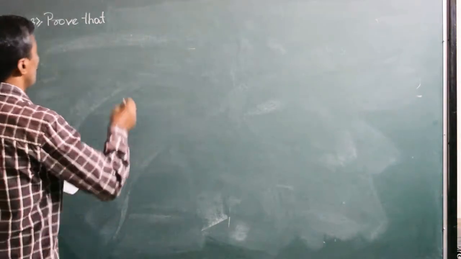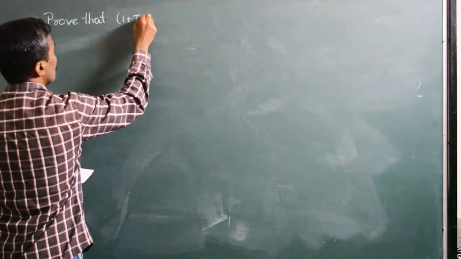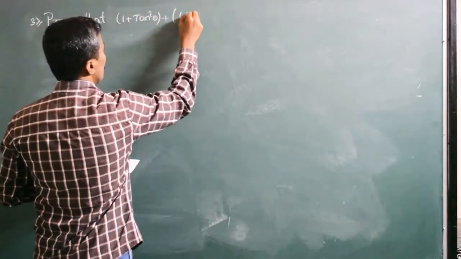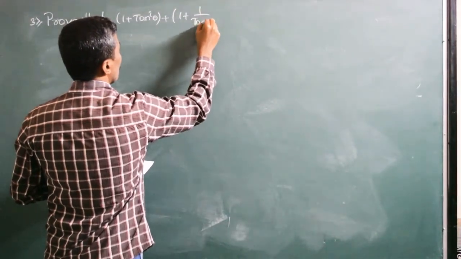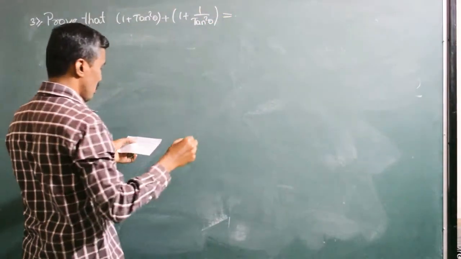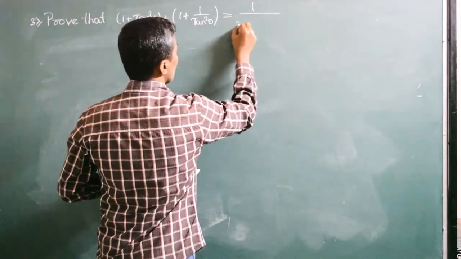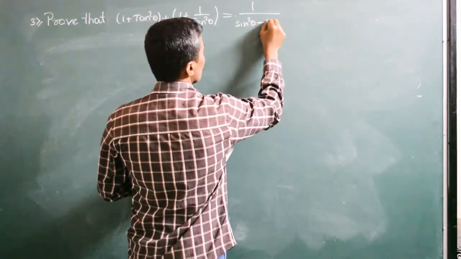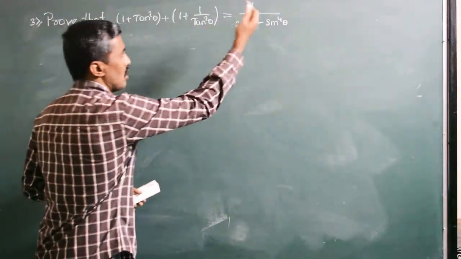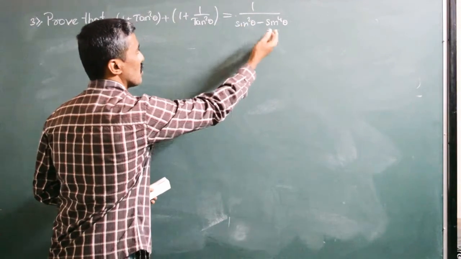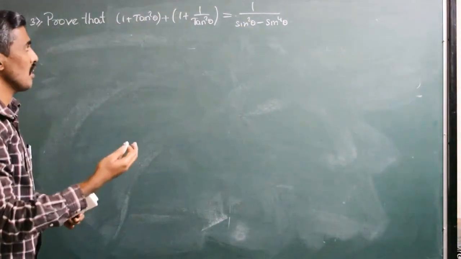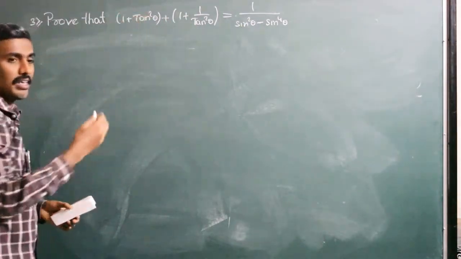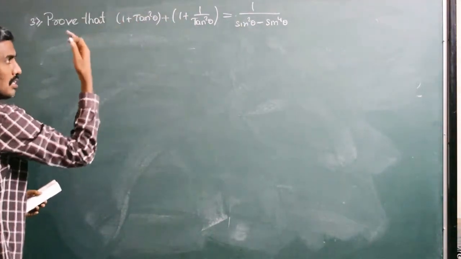Prove that 1 plus tan square theta plus of 1 plus 1 by tan square theta is equal to 1 by sine square theta minus sine to the power 4. In the right hand side the trigonometric ratio is sine, but in the left hand side it is tan. So we know how to get the sine from tan. So let me start with the left hand side.